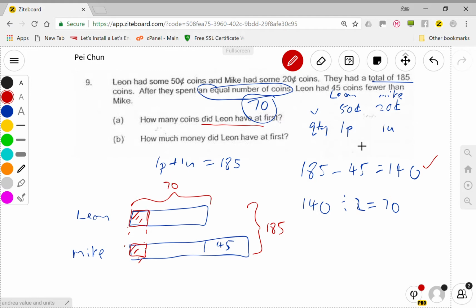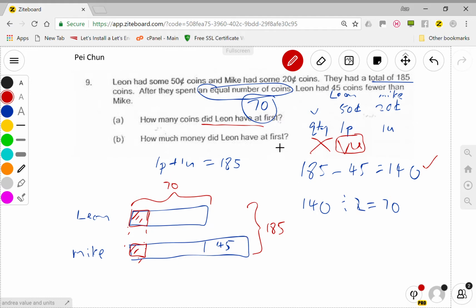You don't have to use multiplication or anything because they do not have the total value. If you read the entire question, they don't say anything about the total value. So there's no need for you to multiply these two together. It becomes more like a normal model drawing type of question.